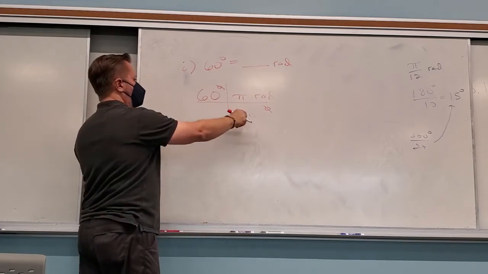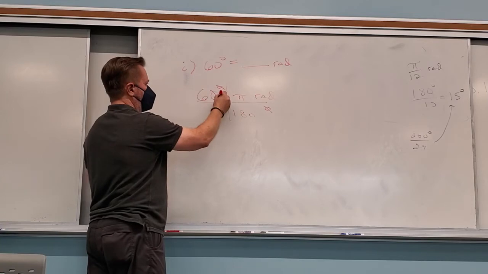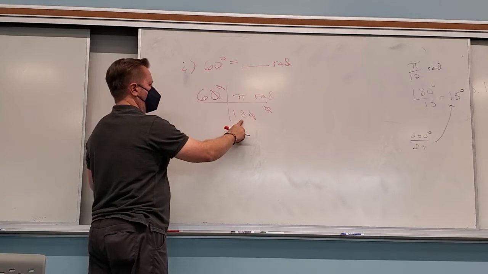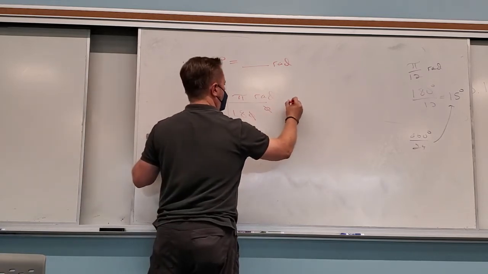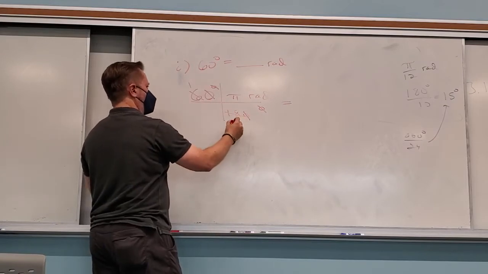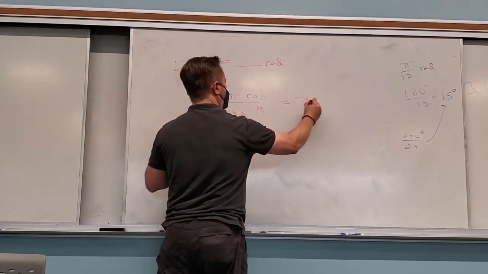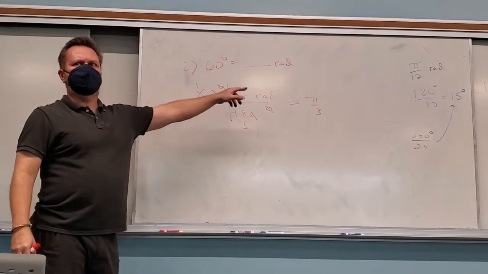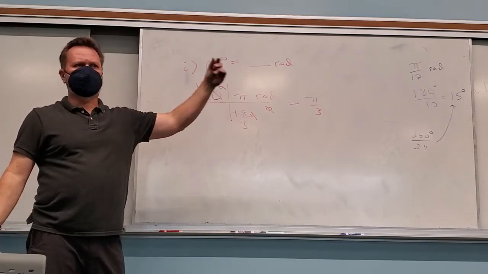What's 60 divided by 180? 0 cancels, so it's 6 divided by 18. 6 goes into 18 how many times? 3. So you get pi over 3 radians. 60 degrees is also pi over 3 radians.